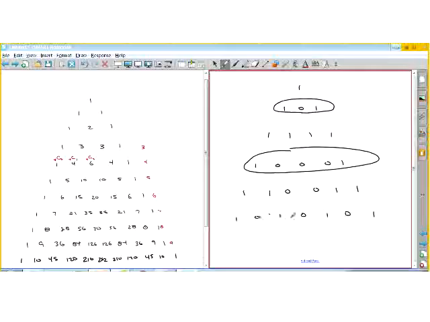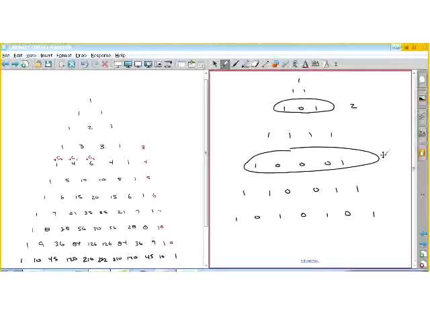Let's just try this out. So this is row 7. And row 8 would be, so let's write the row numbers here. 1. Actually, I missed a row here, didn't I? So there's there and there. Okay, so row 1 is this one.